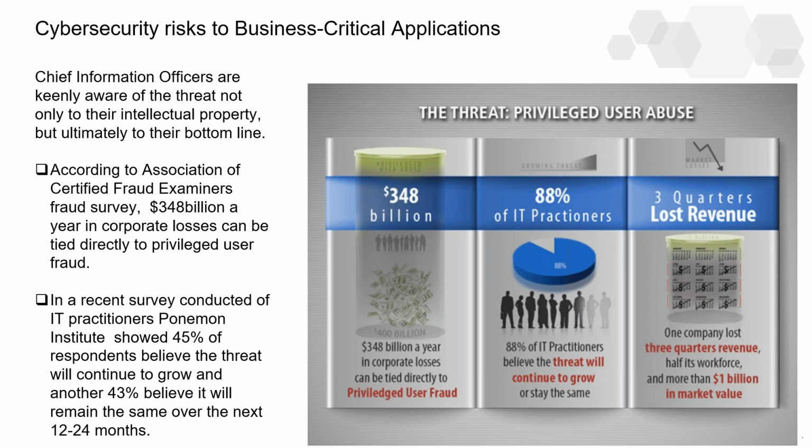Let's bring it down to our world of enterprise applications, which is our topic today. When you think about business critical applications like Oracle ERP Cloud, eBusiness Suite, SAP, JD Edwards, all of those different platforms that we support, what we find is that privileged user access enables the big threats, right?